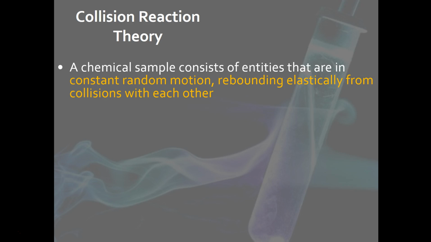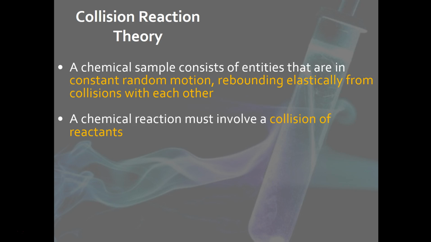Constant, rapid, random motion, they're hitting each other, they're hitting the walls, and we assume that in these collisions, none of the energy is being lost. Even though we know that's happening, for our purposes, we're going to assume that that energy is maintained.